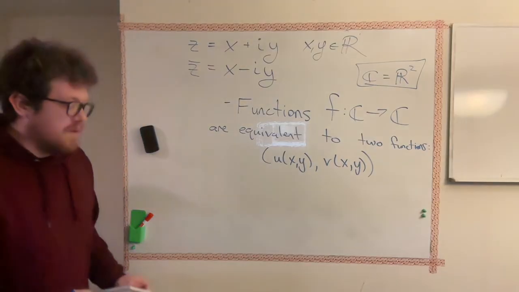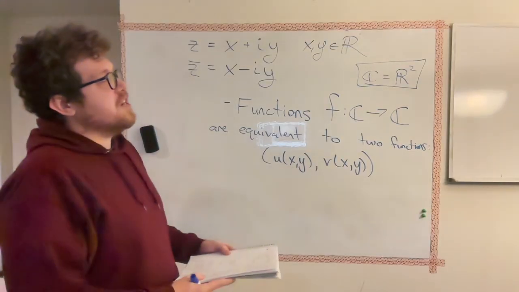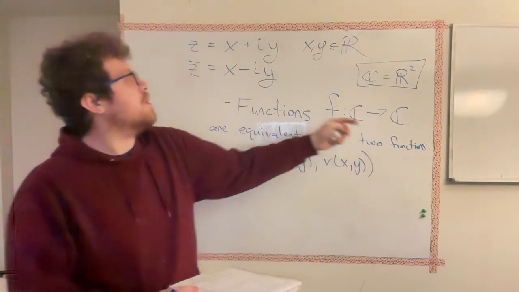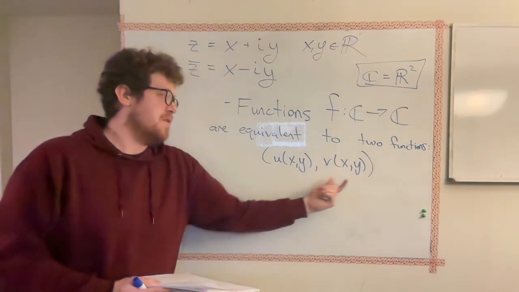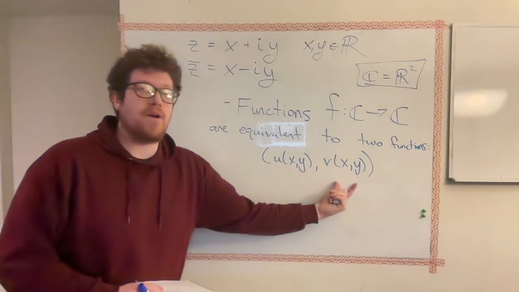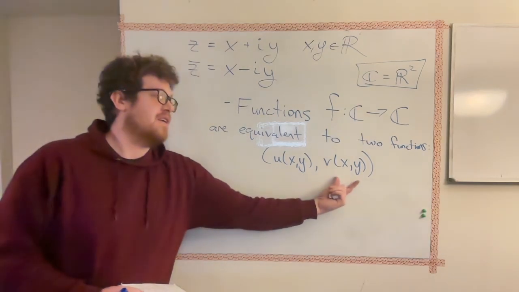Okay. Right. So actually, there's a way to translate any function from C to C. You could write it in rectangular coordinates, and think of this as the rectangular output: this is the x coordinate of the output, and this is the y coordinate of the output. You can think of the output as u of xy plus i v of xy.